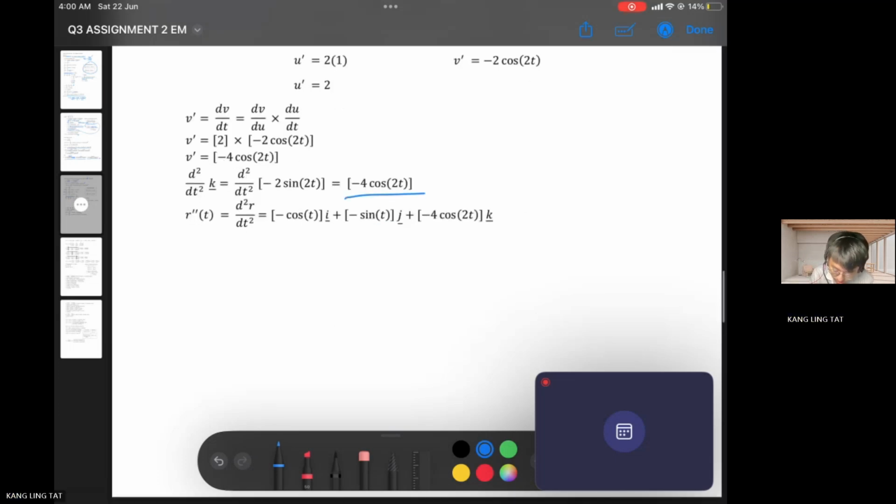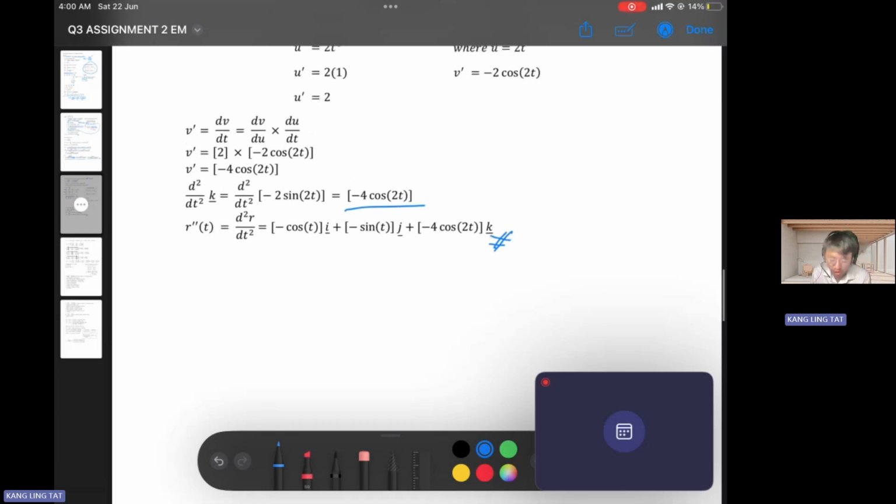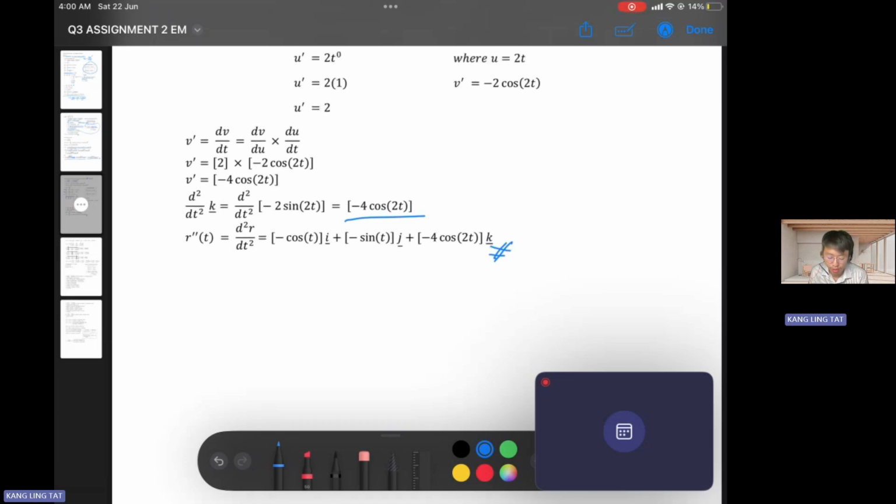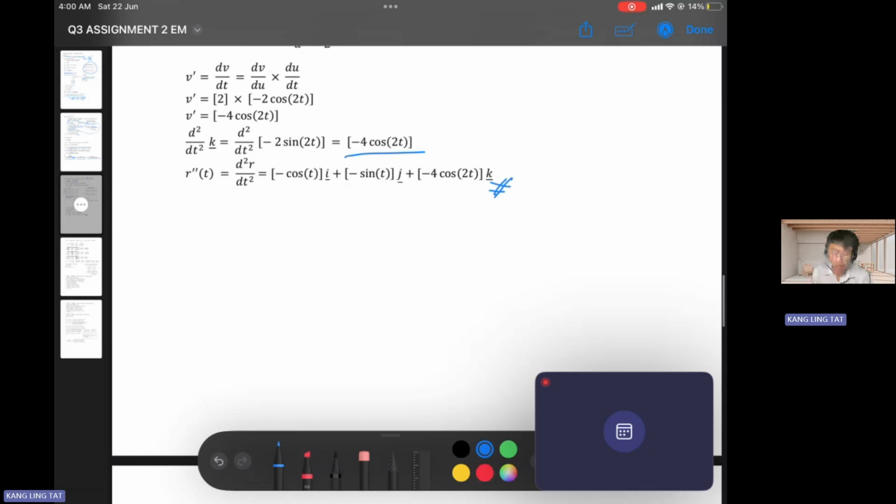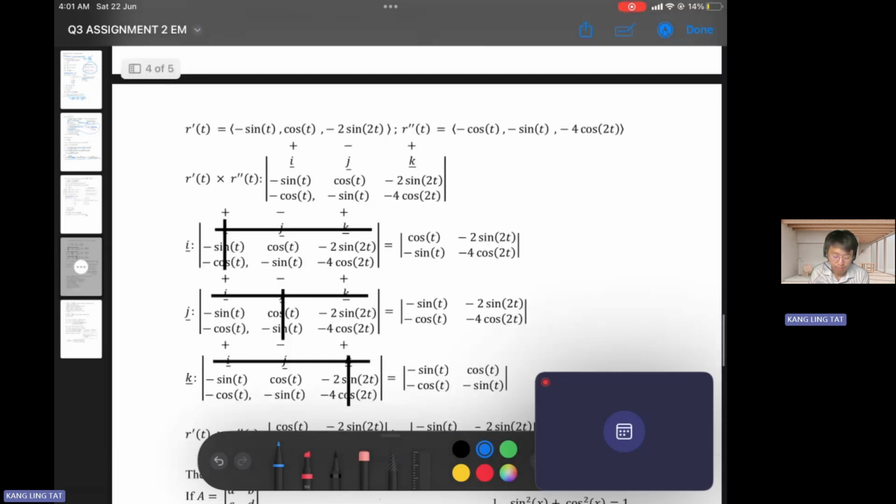So here is what we found for the second derivative of the vector function, which is equivalent to negative cosine t times I plus negative sine t times J plus negative 4 times cos 2t times K. So that's our second derivative of the vector function, right?